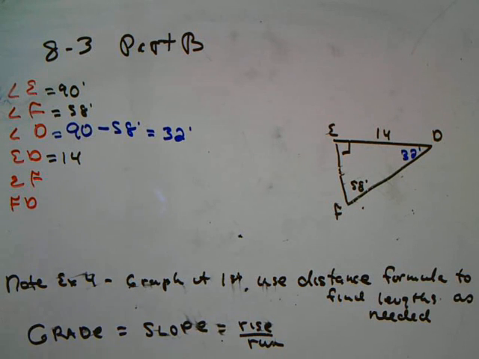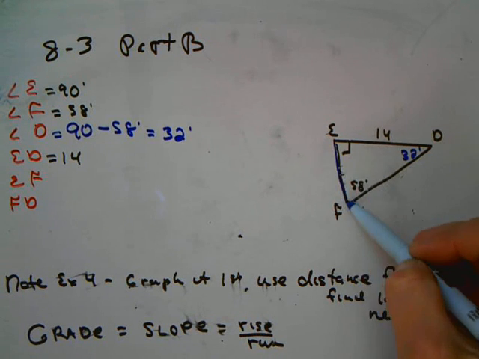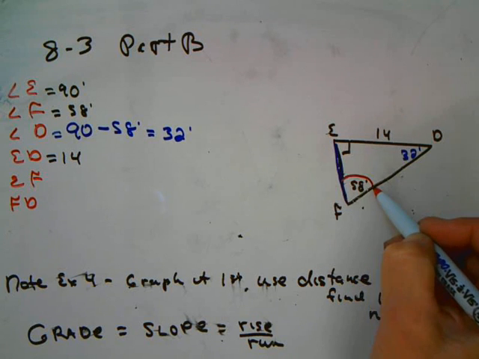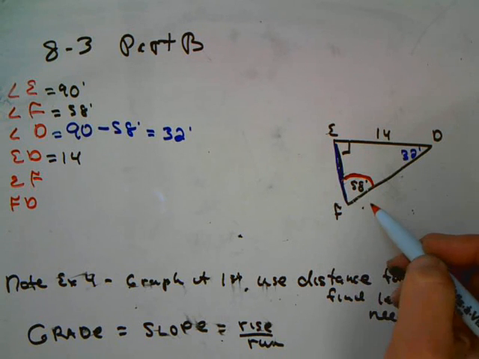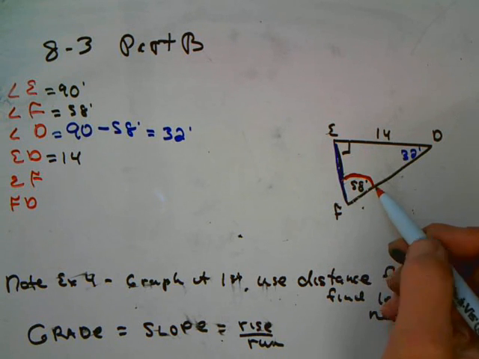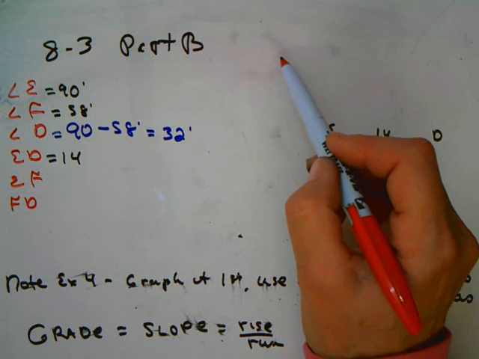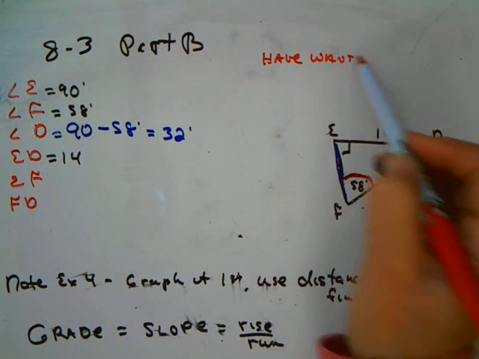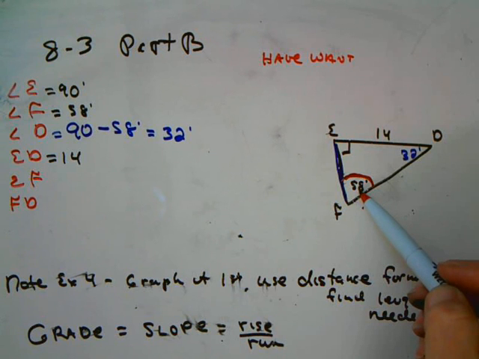Now we're going to use a little trig to find EF. Let's use what we were originally given, this 58 degree angle. What do we have and what do we want in relation to it?